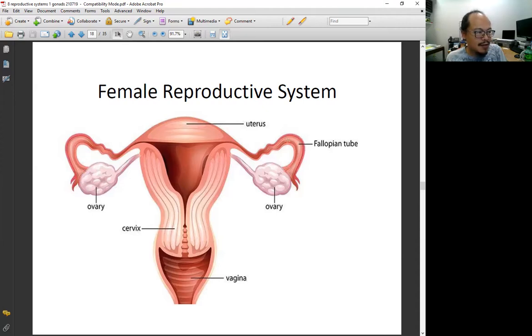Then the cell will multiply and implant in the uterus, and the embryo will develop inside of the uterus. Here is the vagina, and here is the cervix. So that basically is the gross anatomy of the female reproductive system.